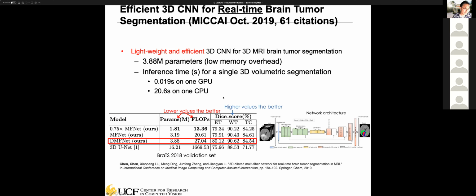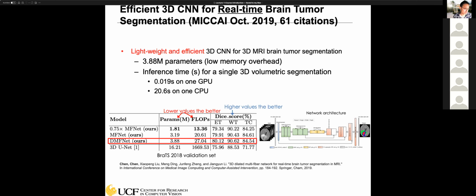Since this is a medical image computing course, I also have some ongoing projects related to this field. We have an efficient 3D convolutional neural network for brain tumor segmentation. Brain tumor segmentation for MRI is very popular in medical image computing, but these 3D CNNs are very computation and memory heavy.